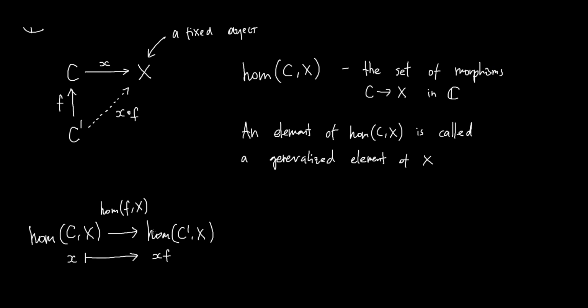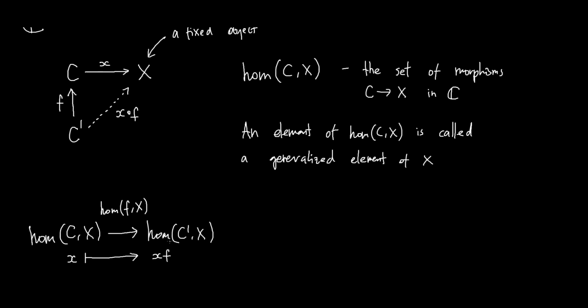We have a certain function associated to it. So we get a functor into the category of sets. But what is the domain of that functor? You see the direction of arrows has been reversed. f was a morphism from C prime to C, but now the function that we produce out of f goes from the value of the functor at C back to the value at C prime.